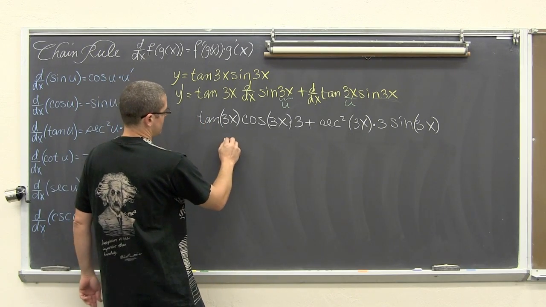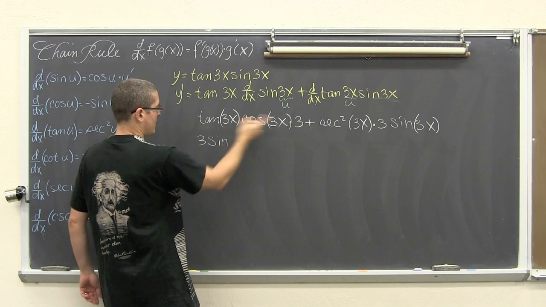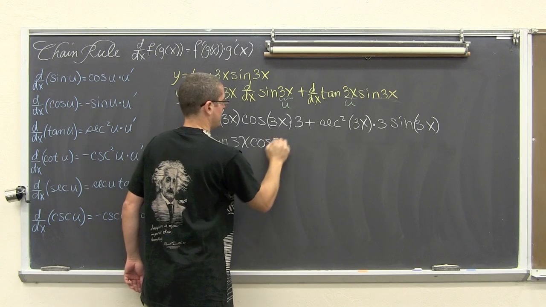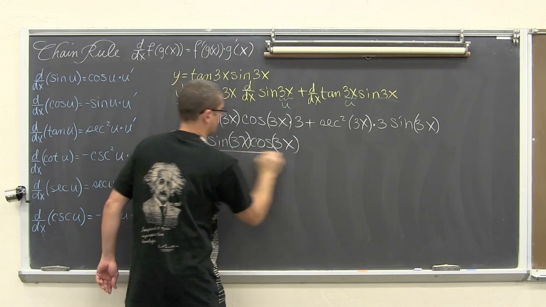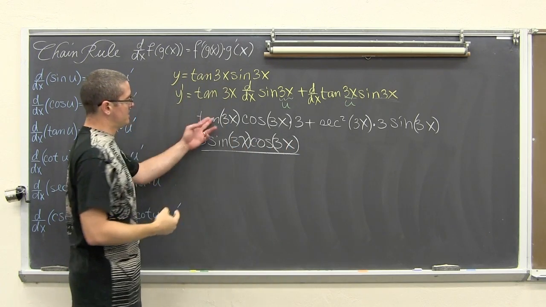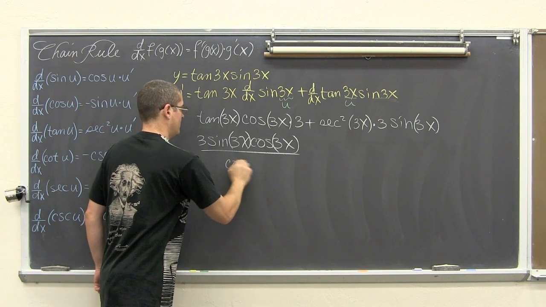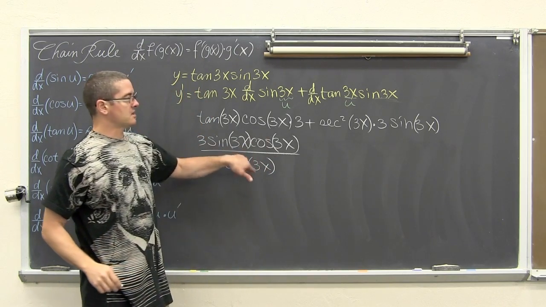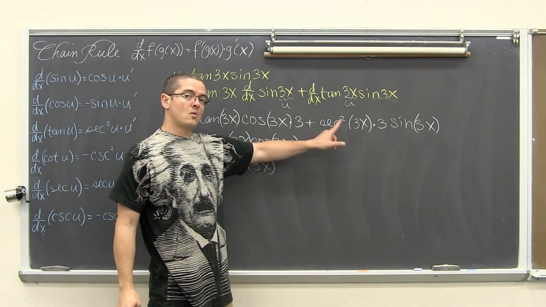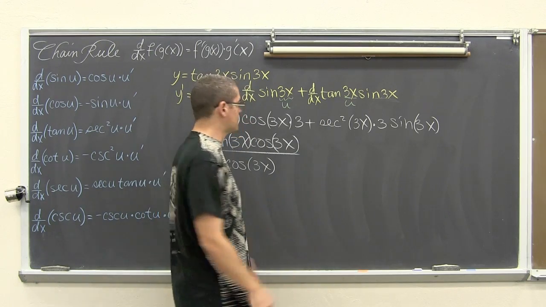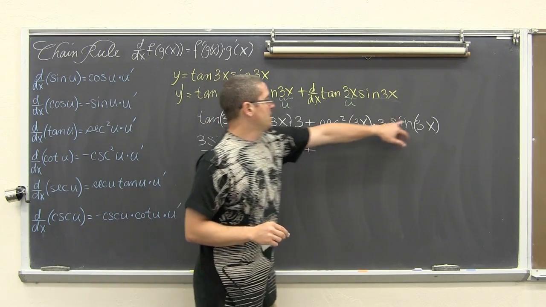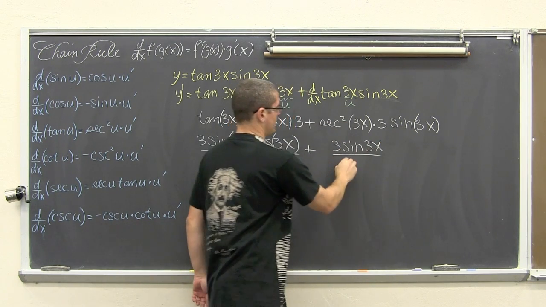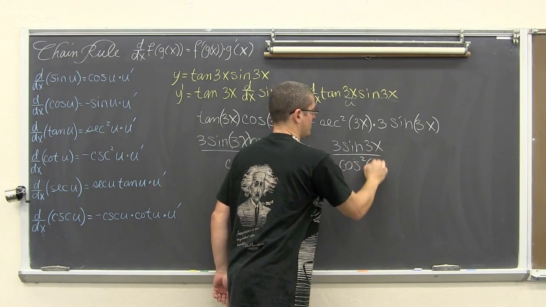So we have sine with the 3 out front, 3 sine 3x, cosine 3x, over, again, tangent is sine over cosine, so cosine of 3x. Now again, those will cancel out, but over here we have secant squared, which is 1 over cosine squared. So we have plus 3 sine of 3x over cosine squared of 3x.